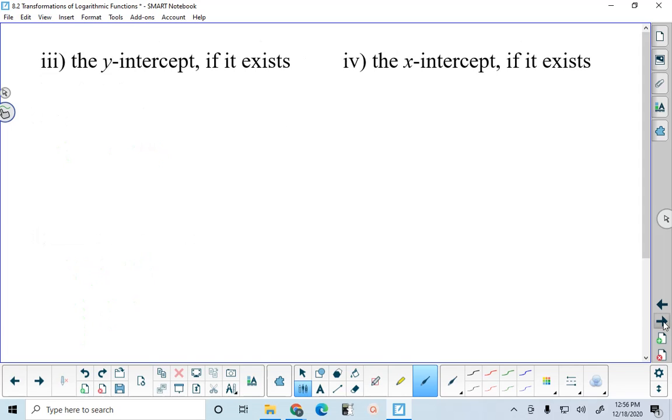All right. X-intercept and y-intercept, what are we looking at here? y equals negative log base 2 of 2x plus 6. Can I get a yes in the chat window if that's correct? Good. Thank you. So y-intercept is when x equals 0.